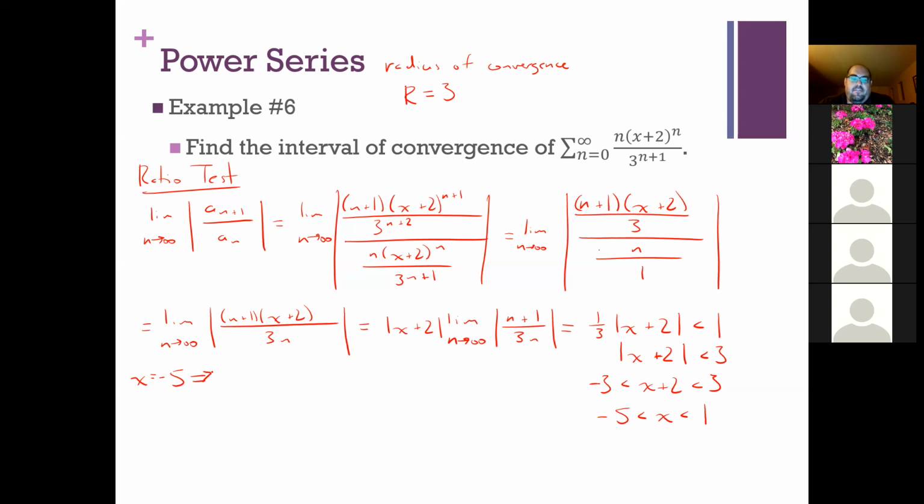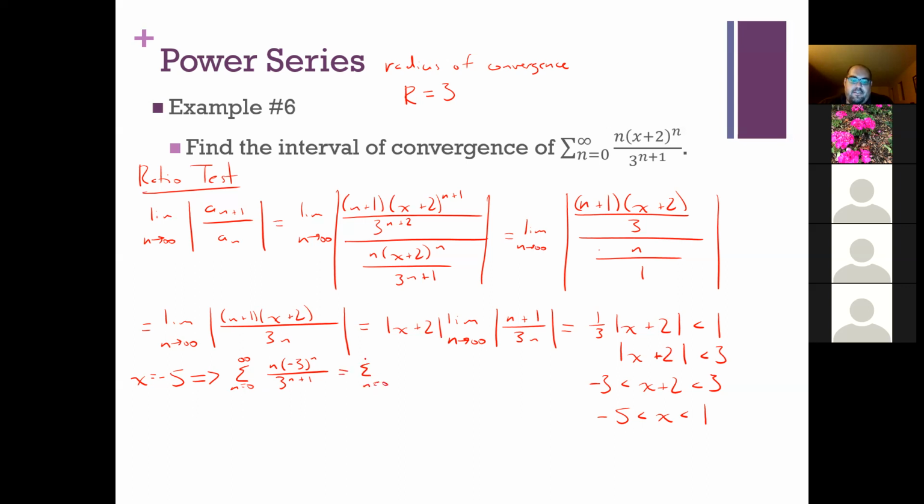So when x is equal to -5, I have this series: n times -3 to the n over 3 to the n plus 1. It might not be obvious how to simplify this.